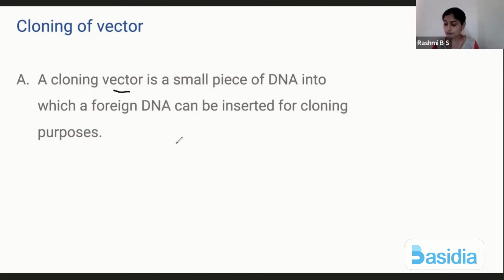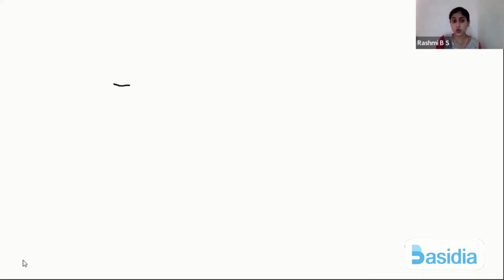It is for different purposes. Now let us see what features and characteristics should be there if you have to claim some DNA molecule as a vector. What are the requirements for the vector to clone?